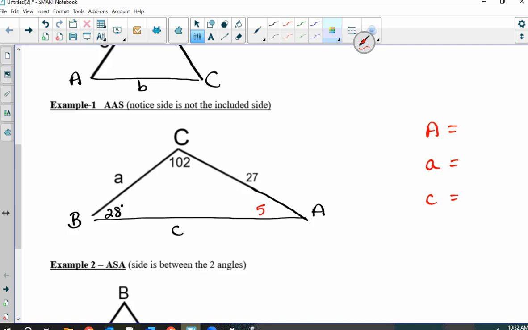How do we know that? Yeah, there's 180 degrees. That's 50. Okay. We now have to find A and C.